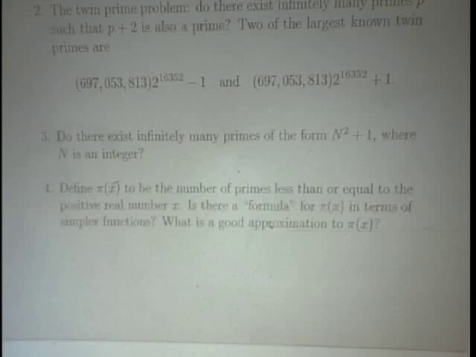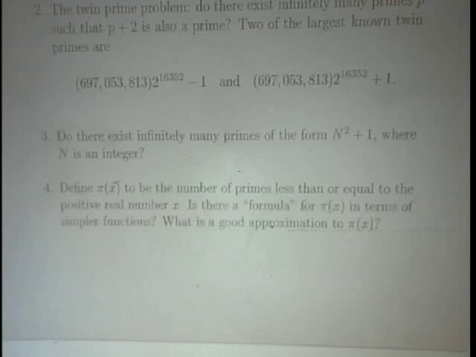Now, because the primes behave in an irregular way, pi of x behaves in a pretty irregular way, too. And yet, there are some things that can be said about it. We'll take a look here. Well, in fact, maybe I'll just leave it for a minute or two. We'll take a look at the graph of pi of x and also some possible approximations to pi of x that were found, well, the most important one really was found by Gauss.